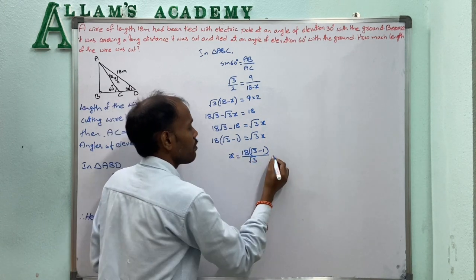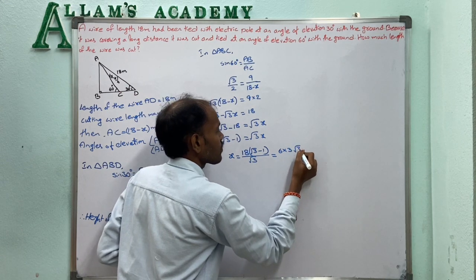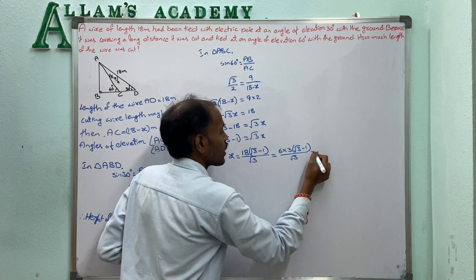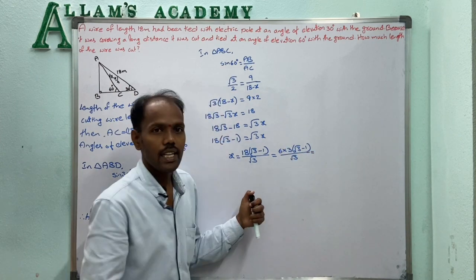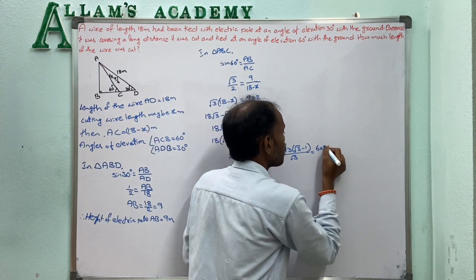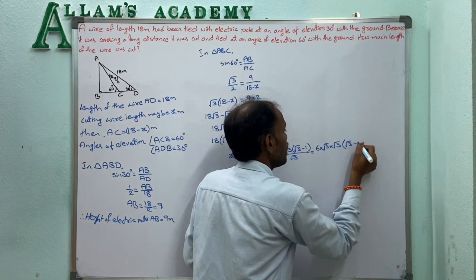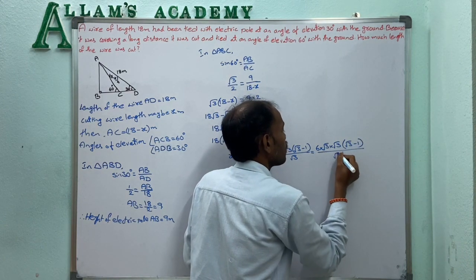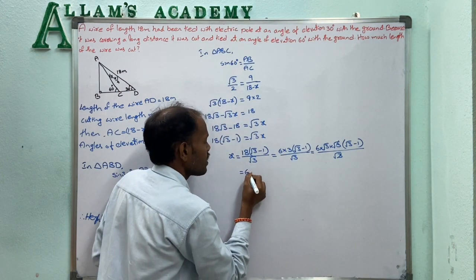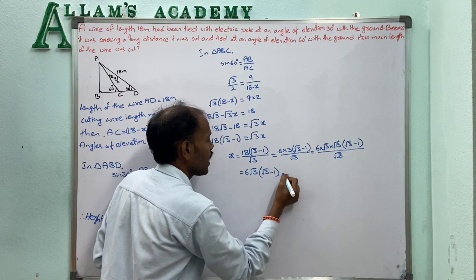Now 18 can be expressed as 6 into 3, and 3 can be expressed as root 3 into root 3. So 6 into root 3 into root 3 into root 3 minus 1 by root 3. So root 3 gets cancelled. That is nothing but 6 root 3 into root 3 minus 1.